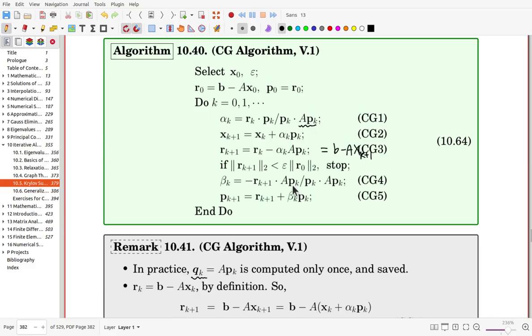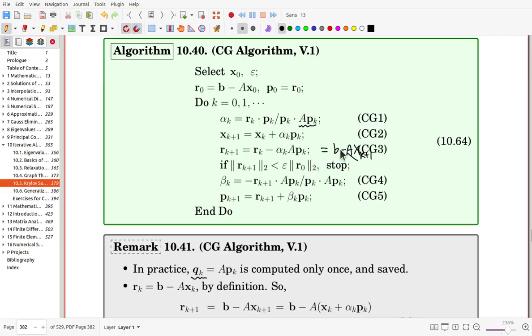So along with that, we need only one matrix-vector computation, and everywhere else is a vector-vector computation. Matrix-vector computation is way more expensive than vector-vector computation.